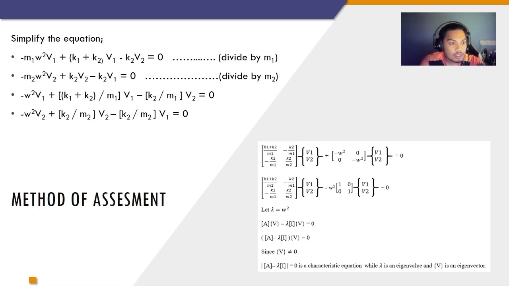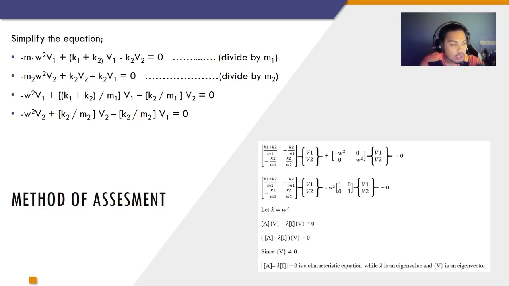By simplifying, negative m1 omega squared v1 plus (k1 plus k2) v1 minus k2 v2 equal to 0. We divide it by m1 and get negative omega squared v1 plus ((k1 plus k2) over m1) v1 minus (k2 over m1) v2 equal to 0.